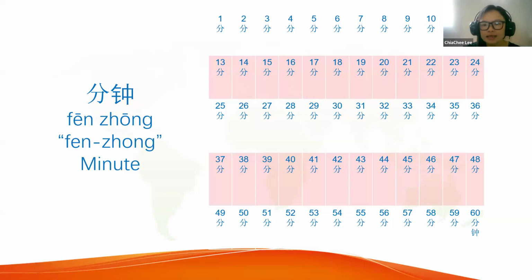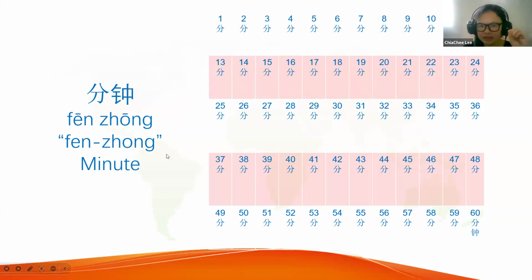Okay, it cannot be 30分. However, when you want to tell me that now the time is 3点06分, then you can say 分 only. 3点06分, which means I understand you are referring to 3 o'clock and 6 minutes p.m.